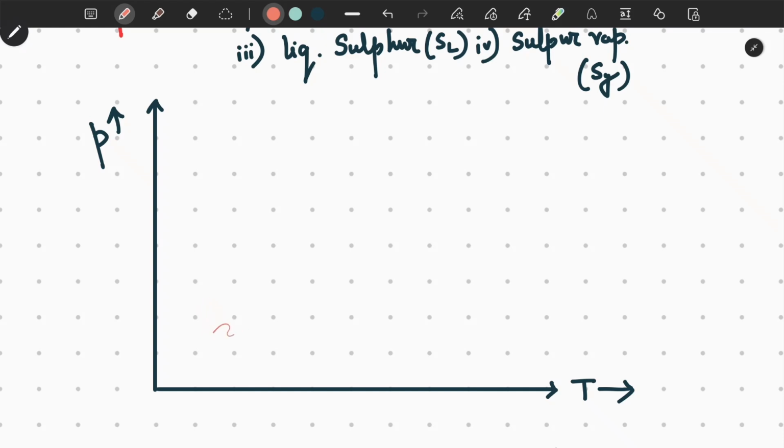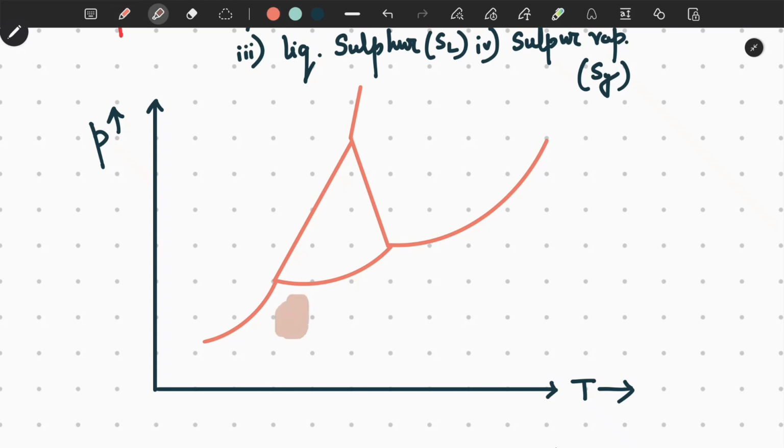I don't know whether it will look good or not. It looks like this. Let me draw the areas.